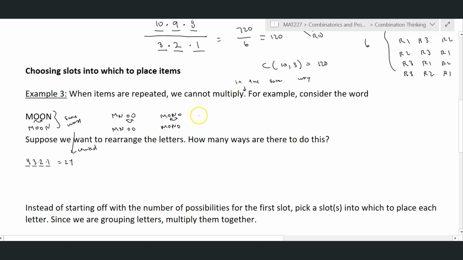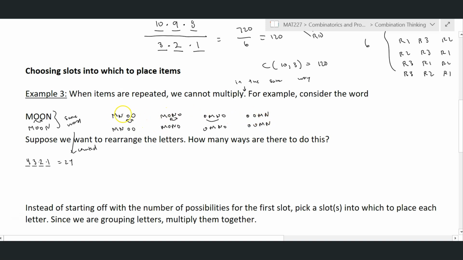Then we could have O-M-N-O, which again gets counted twice. Then we could also have O-O-M-N, and that's going to get counted again in there, right? So that's all of the situations we might imagine.